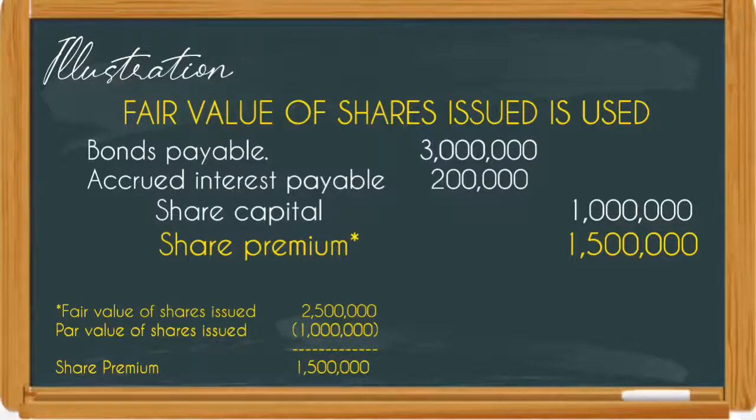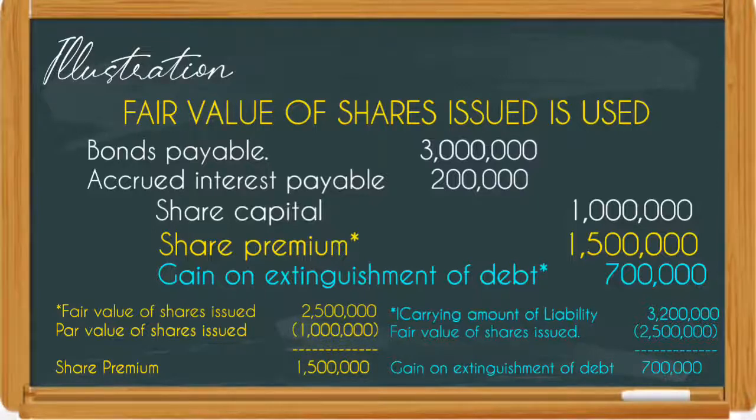So, 2,500,000 less 1 million is equal to 1,500,000. And magkakaroon din tayo ng gain on extinguishment of debt na 700,000 which is credit. Nakuha siya dahil yung carrying amount of liability minus yung fair value of shares issued. So 3,200,000 less 2,500,000 is equal to 700,000.